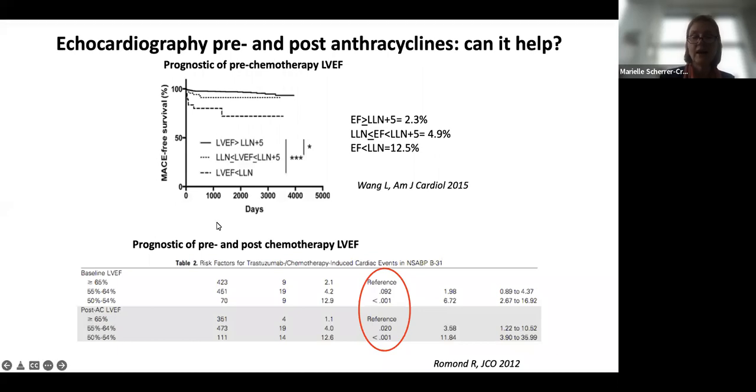And this is a big breast cancer study from Raymond Romand. What he's showing there is that, again, the patients who have EFs that are in the intermediate range, and that's pretty high, 64%, especially post-anthracycline, still have a probability of developing cardiac events higher than if they have very high EF.